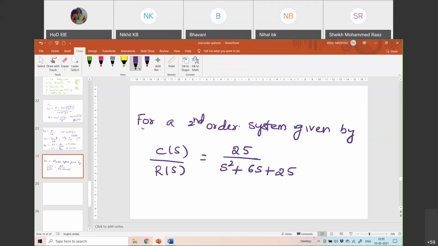It is like ωn²/(s² + 2ζωn s + ωn²). Find its Tp, peak time, Tr, rise time, Ts, settling time, and peak overshoot and percentage of peak overshoot.